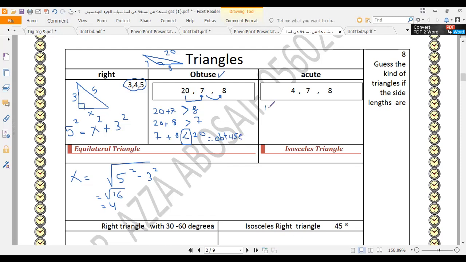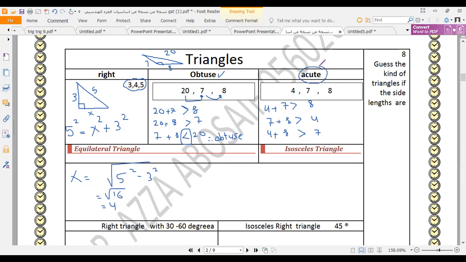I will add 4 plus 7 and compare with 8, and then 7 plus 8 compared with 4, and then 4 plus 8 compared with 7. So always here you will get the sum of two sides greater than the third one. If you have the three comparisons, it will be greater, greater, greater. So this must be acute.